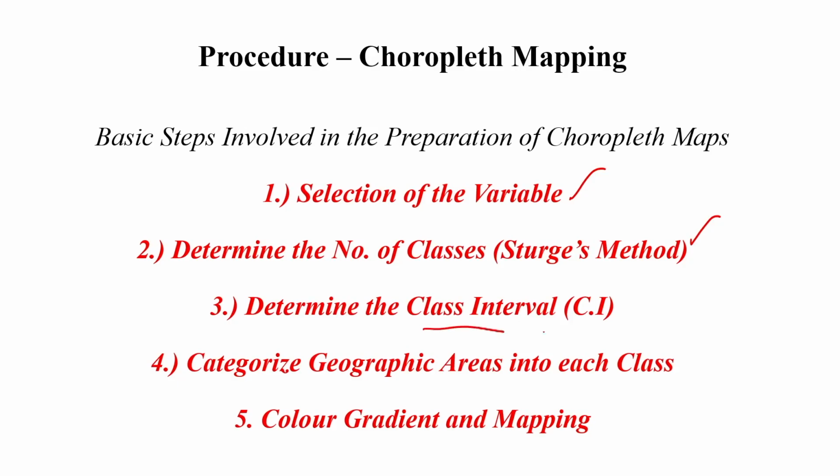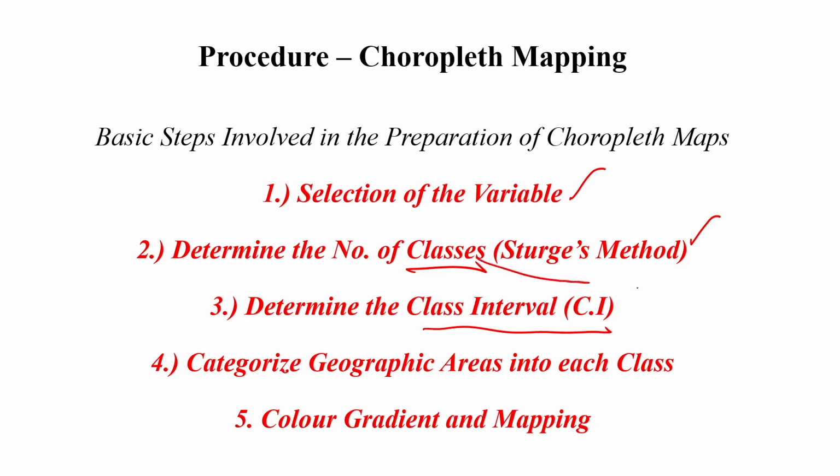Next, after identifying the number of classes, we find the class interval. When we talk about classes and class interval, it is nothing but: I have a variable, and now how am I going to divide that variable and represent the information? That is basically your classes. I can divide the information, let's say for COVID cases impact: which countries have a higher impact, which have a moderate impact, which have a lower impact.